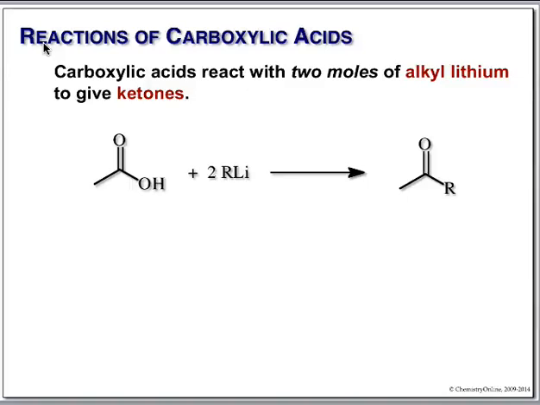If you take 2 moles of alkyl lithium, the first mole, all it does is deprotonate this, make the anion, so you waste one. The second one, though, acts as a nucleophile, attacks, and you make the ketone. It's a nice simple way to make ketones from carboxylic acids.